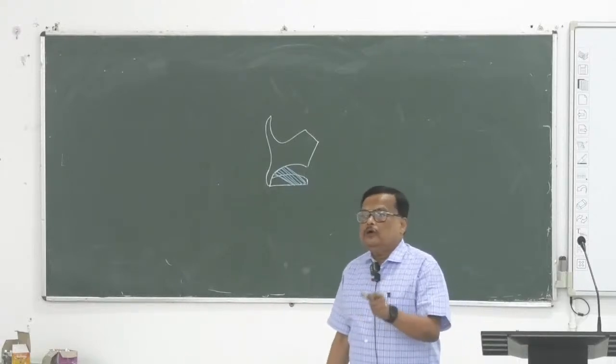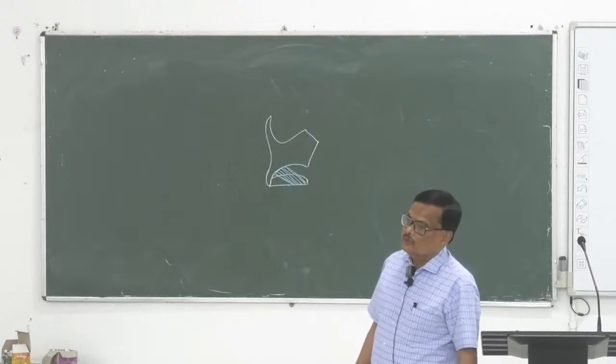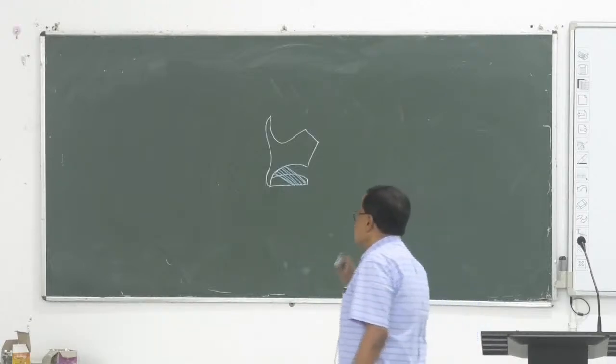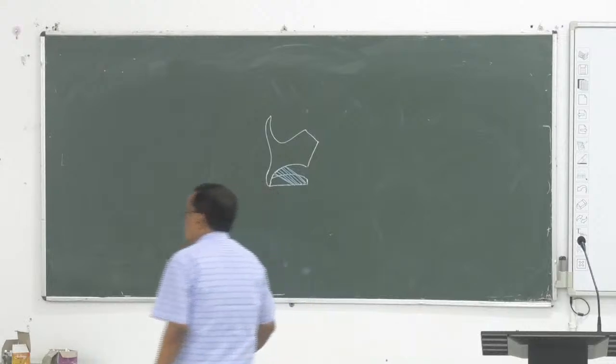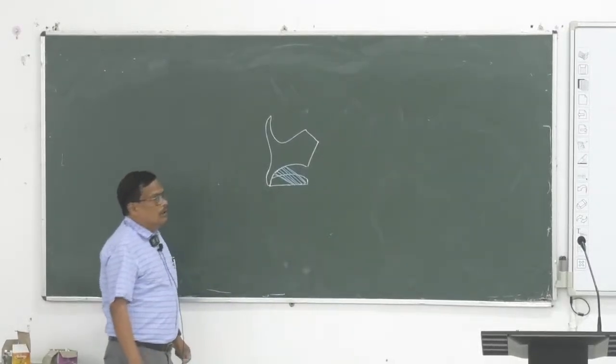Though intrinsic, it can be seen from outside. This is the cricothyroid muscle. Origin, insertion, action. Action is very important.